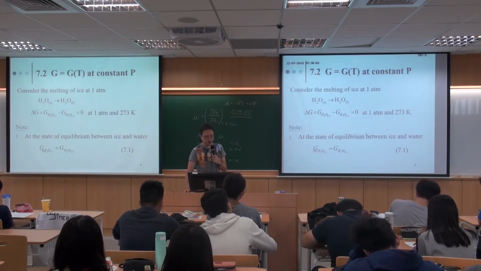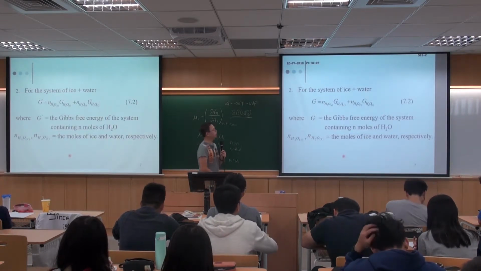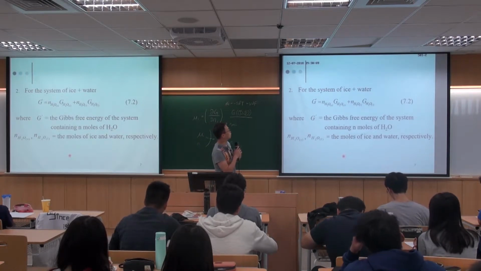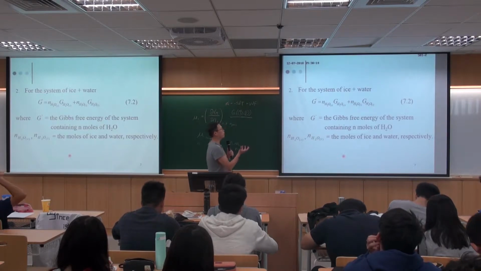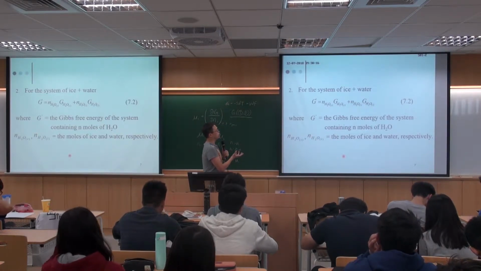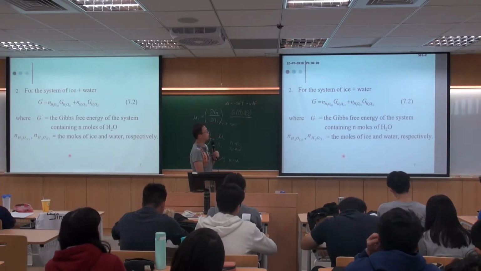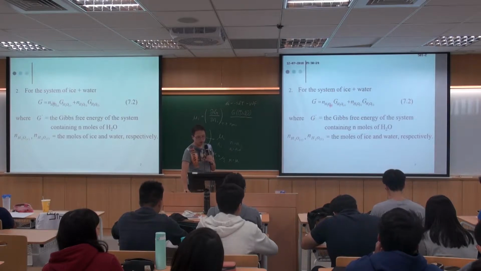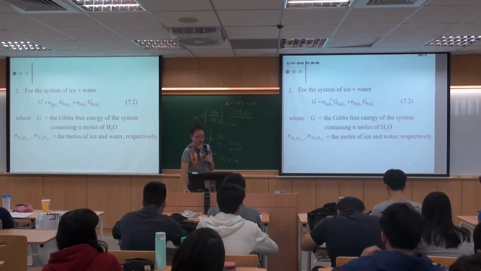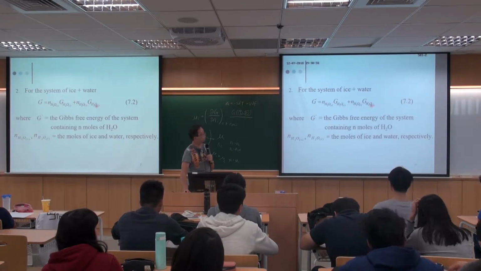So this is very important, especially if you want to express your Gibbs free energy as the total from the contribution of water and the contribution from the ice. And we know that the total molecule number will be a constant, but you have a part of them being solid, being ice, and a part of them being liquid.